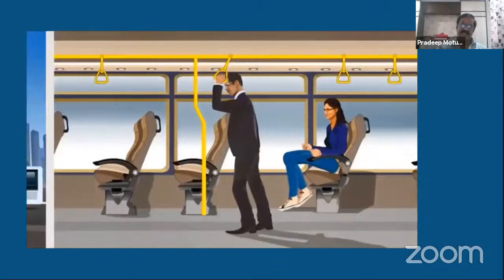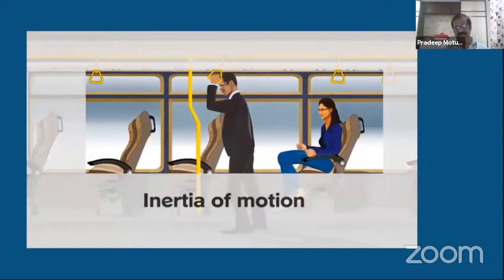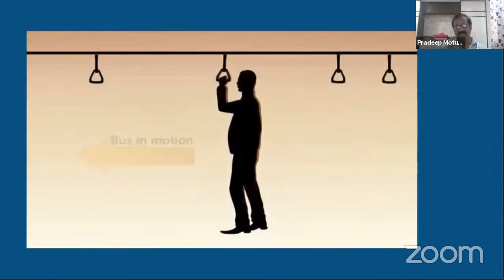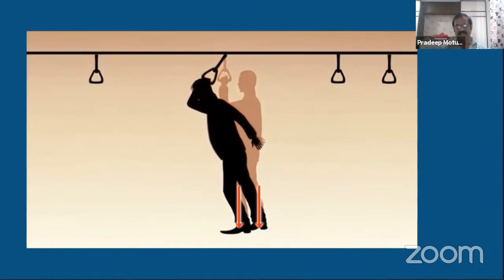Next, inertia of motion. What is inertia of motion? Have a look. A person is standing in the bus, and the bus is in motion. If the driver applies the brakes, what happens? He jerks forwards.